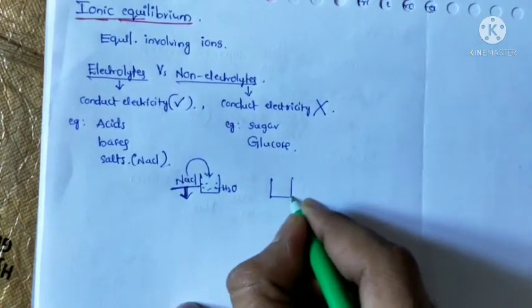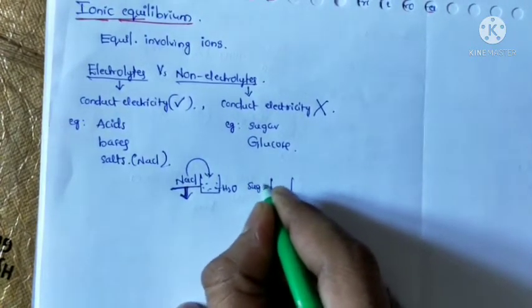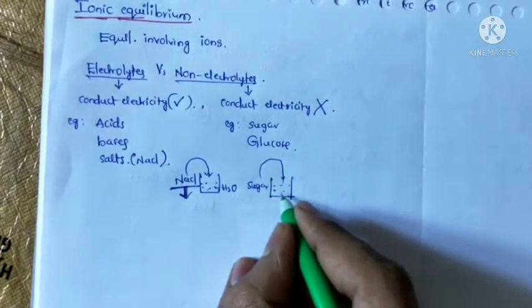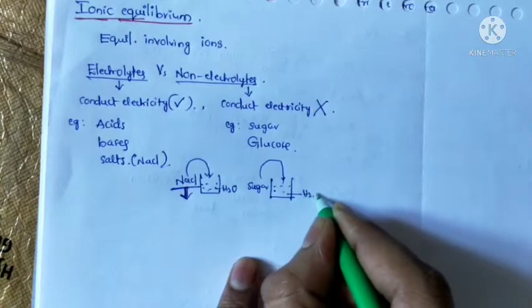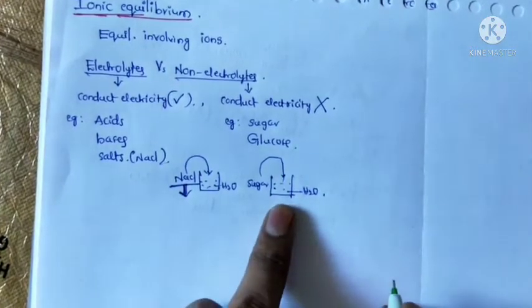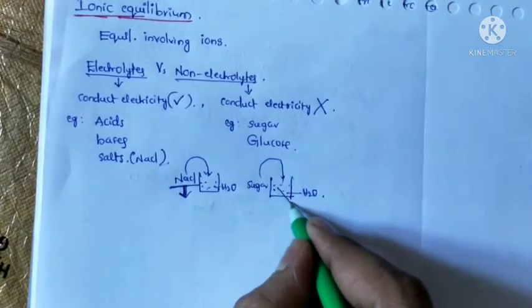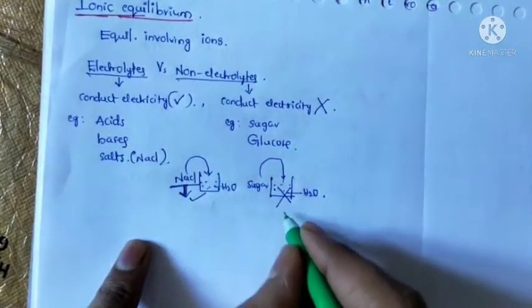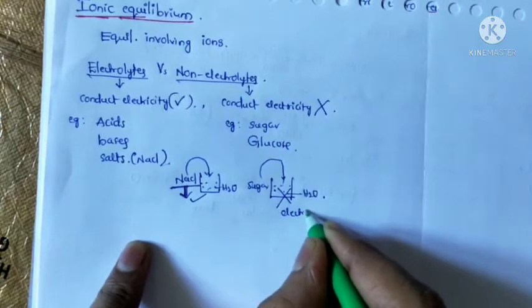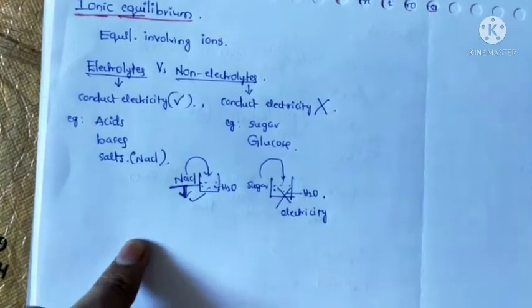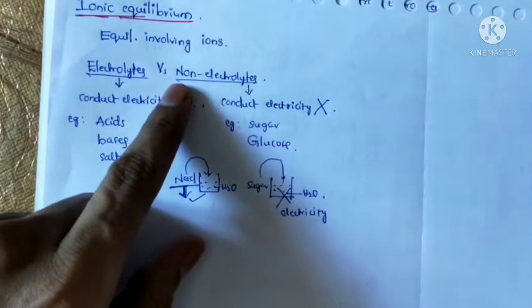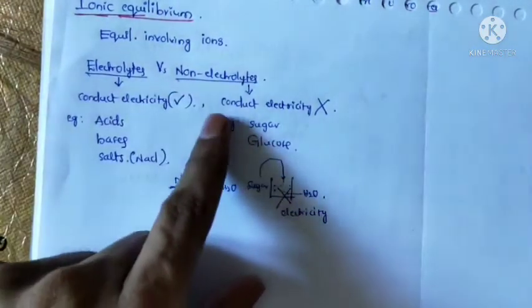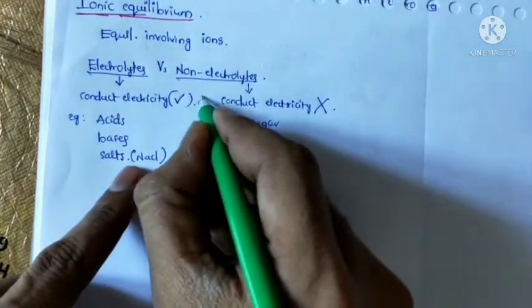Next, for example, sugar. Whenever it is dissolved in water, it does not conduct electricity. So that is the example for non-electrolytes.